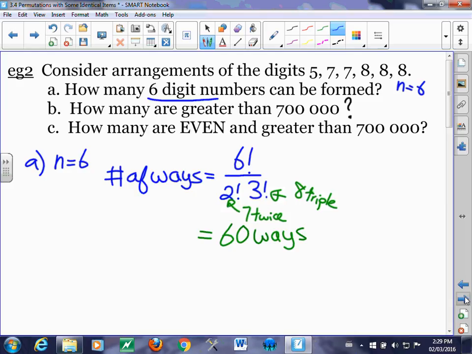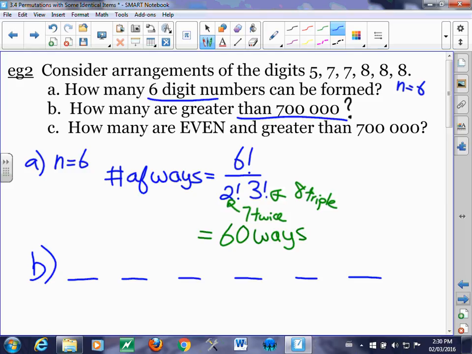All right. Now, B, how many are greater than 700,000? Okay. So we have to take a look at our digits. And for B, if we have 6 spots, 1, 2, 3, 4, 5, 6. I'm a visual person. Hopefully this is what you can understand.